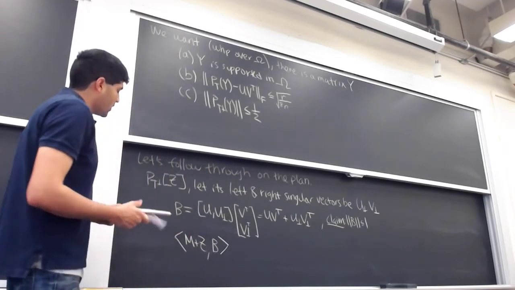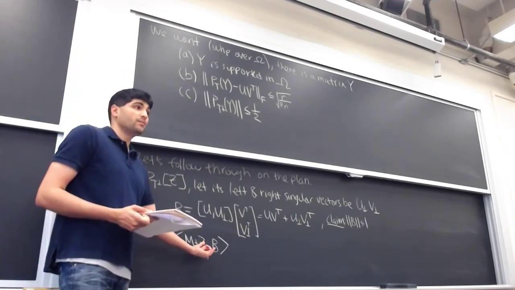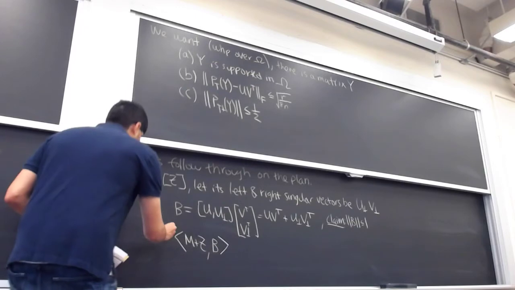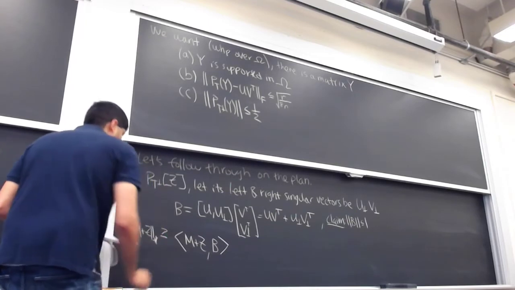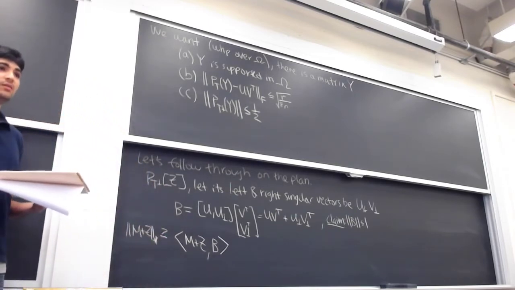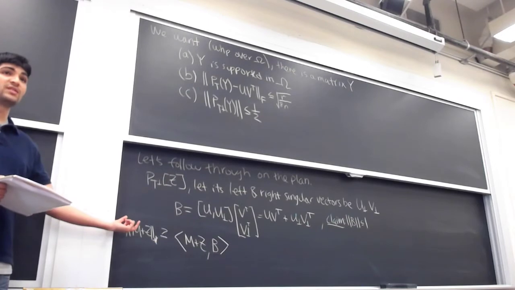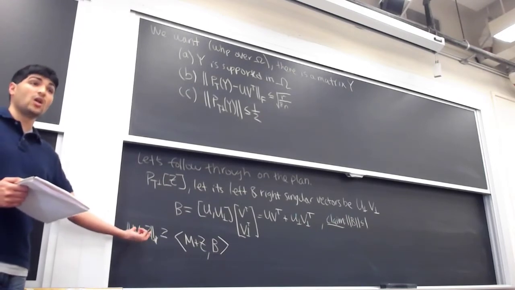I want to take the inner product between N plus Z and B in a way that I prove a lower bound on the nuclear norm of N plus Z. That's what I want at the end of the day. So I want to show that this nuclear norm is large.